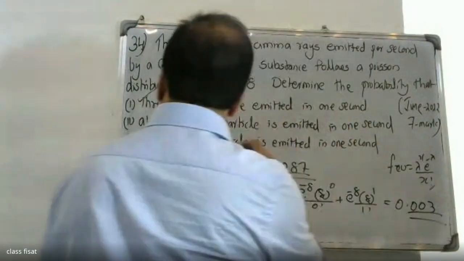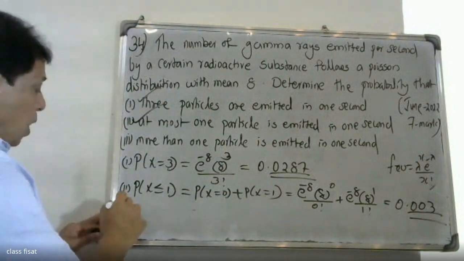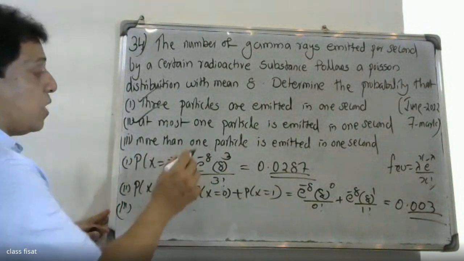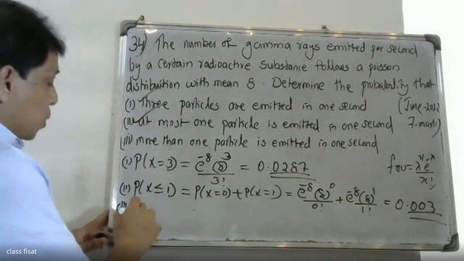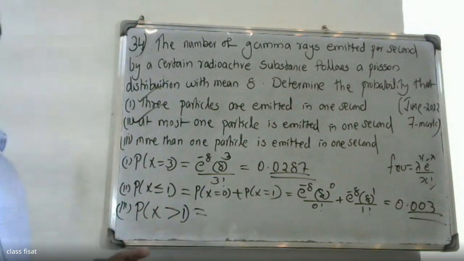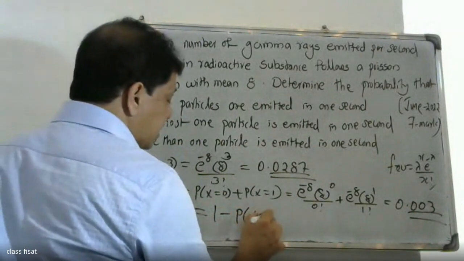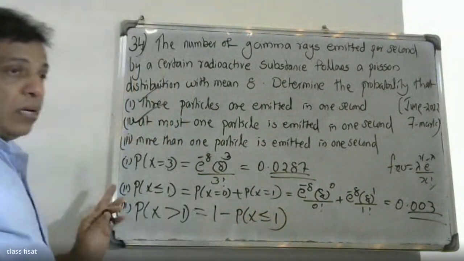Calculating the value, the answer is 0.003. The second question's answer is 0.003. Now let's do the third question: more than 1 particle is emitted in 1 second. More than 1 particle means x greater than 1, which is 1 minus the probability of x less than or equal to 1.